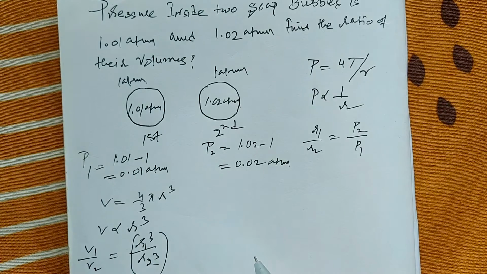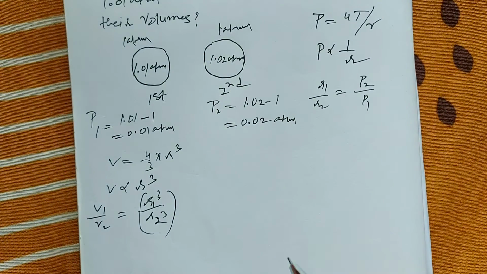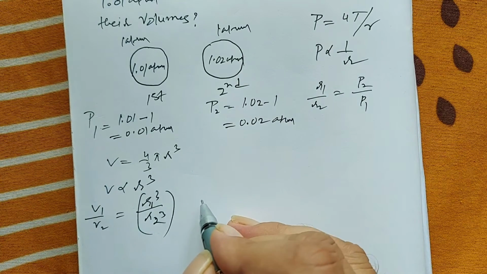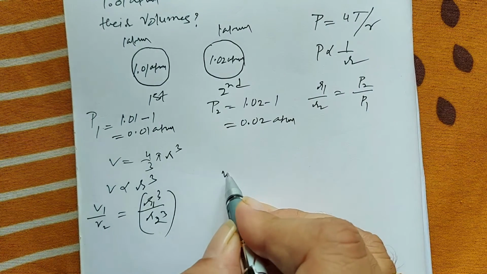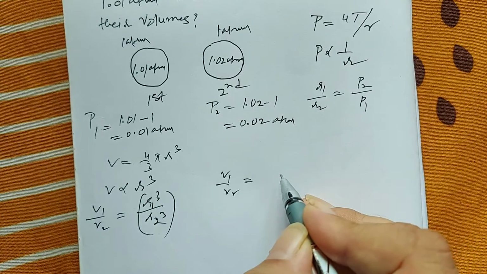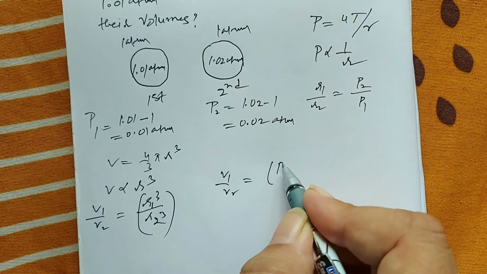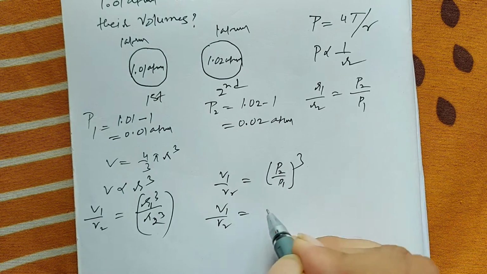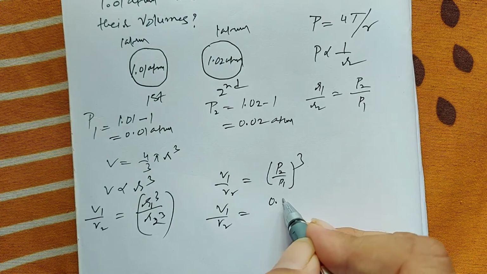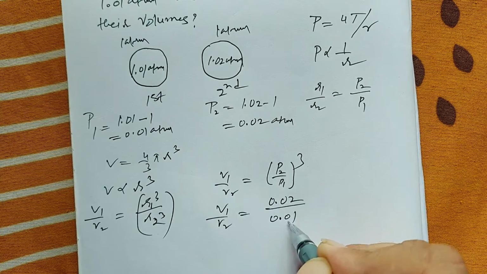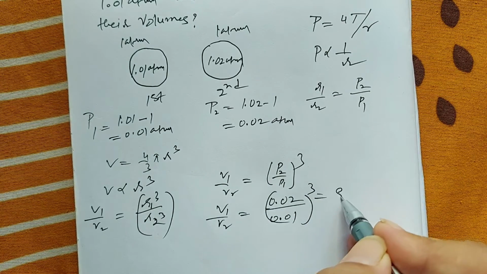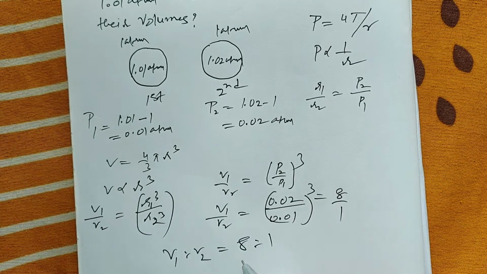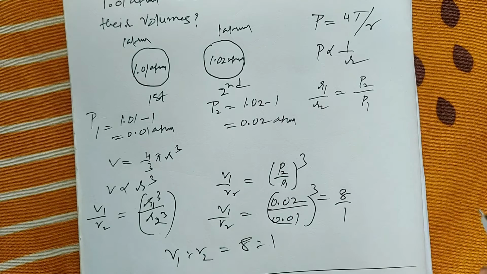So V1 by V2 is equal to R1 by R2 whole cube, that is P2 by P1 whole cube. So V1 by V2 is equal to 0.02 divided by 0.01 whole cube. That is equal to 8 by 1. So V1 is to V2 is equal to 8 is to 1. This is the correct answer.